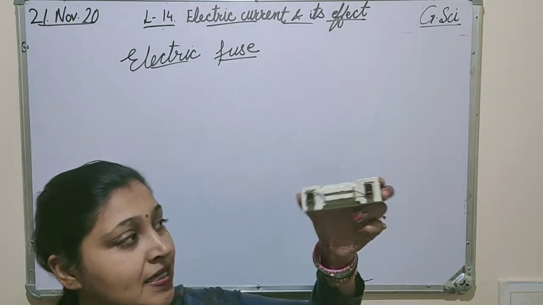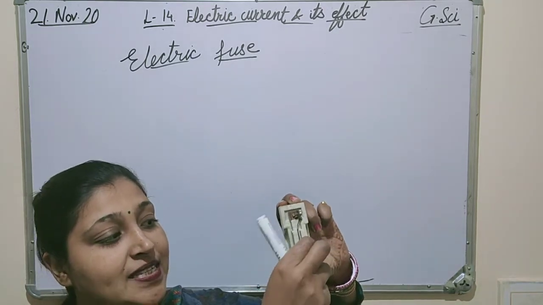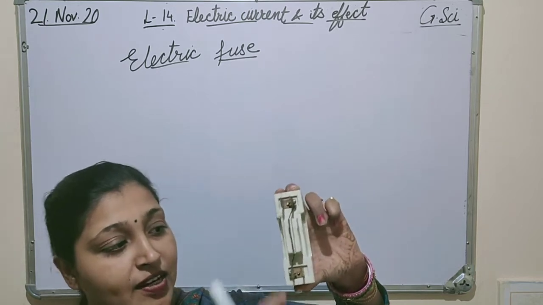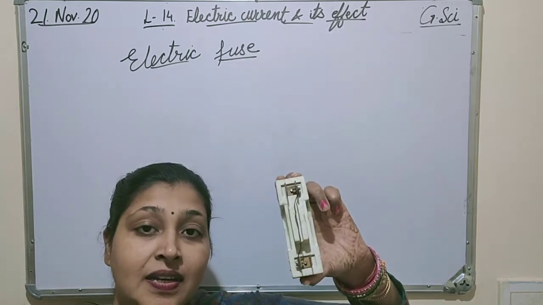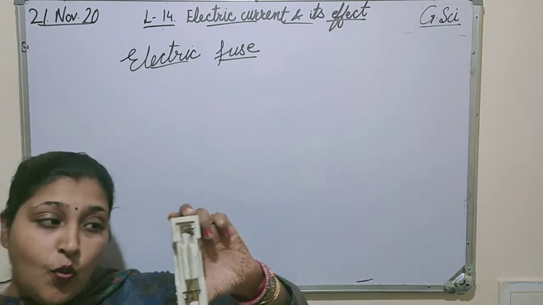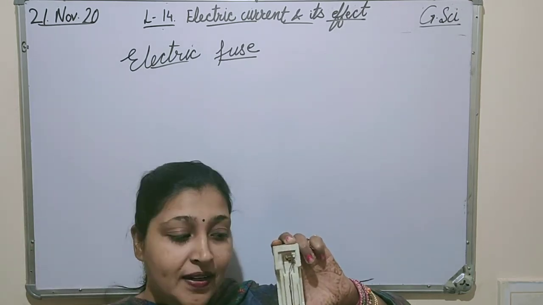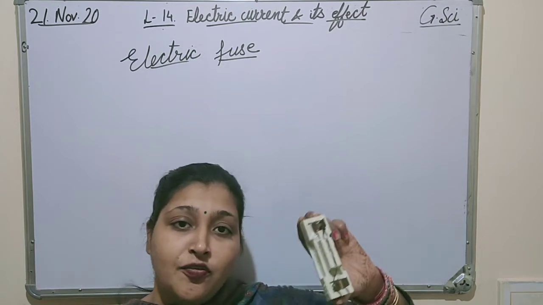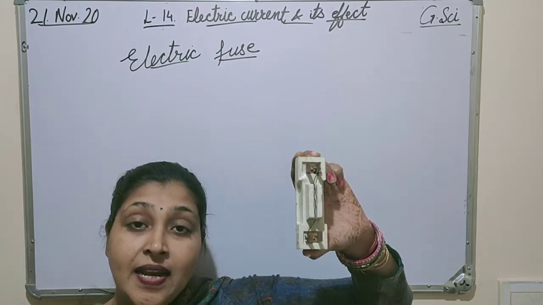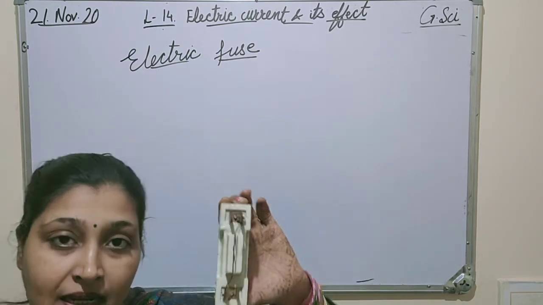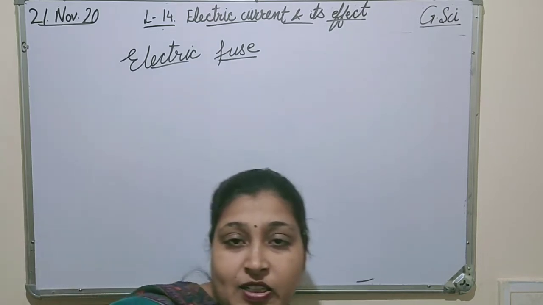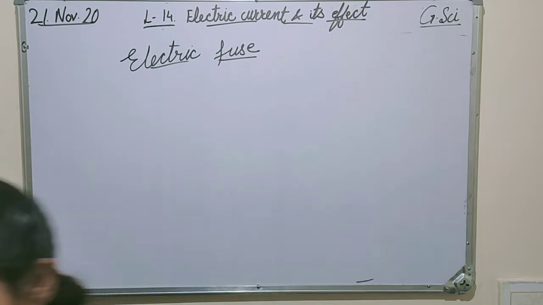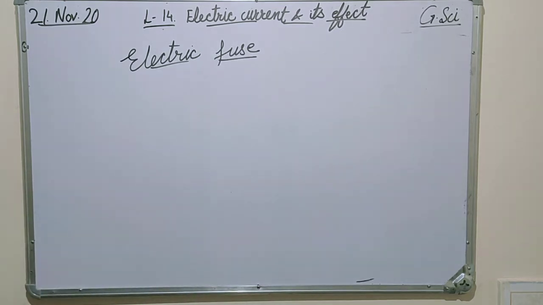Can you see this wire which is tightly attached with this fuse? Do you know what is the use of this wire and why this electric fuse is added in our electrical system? This electric fuse basically acts as a safety device.